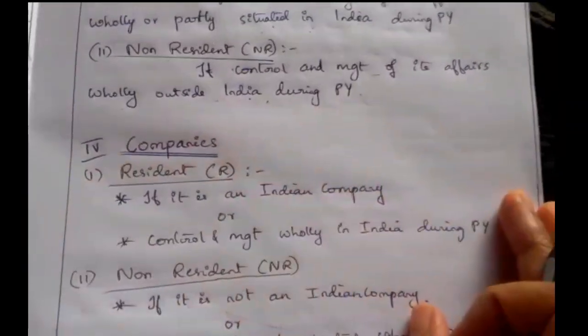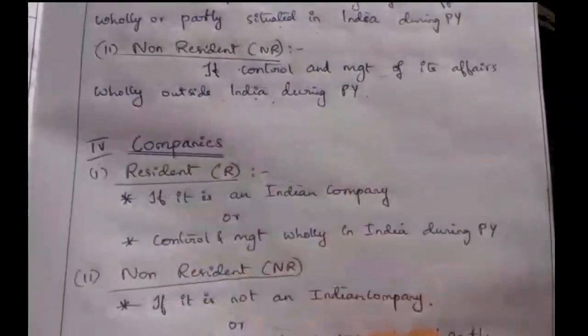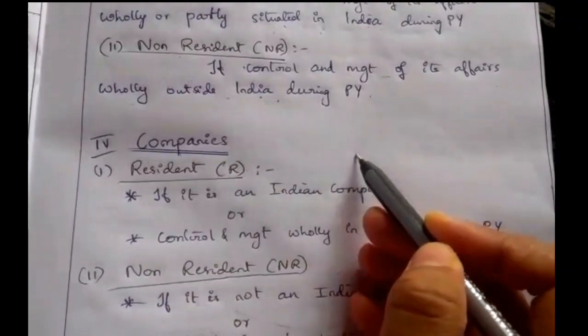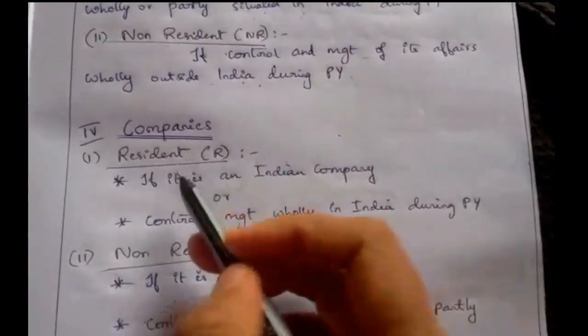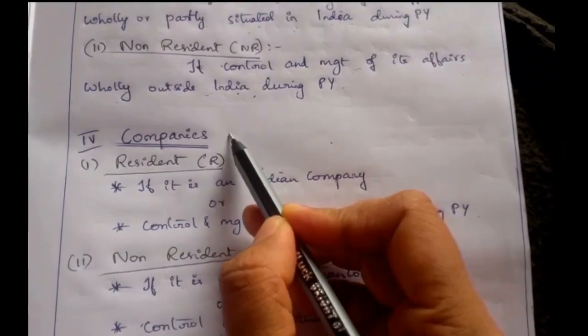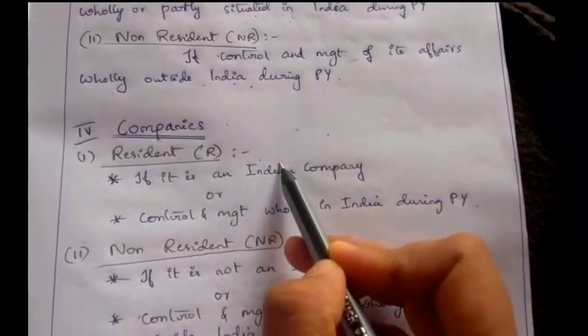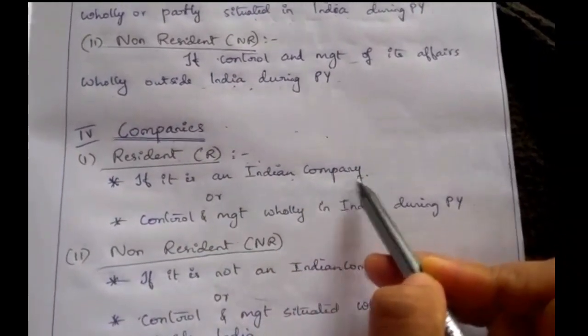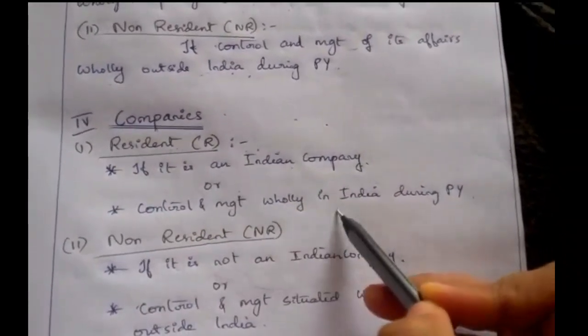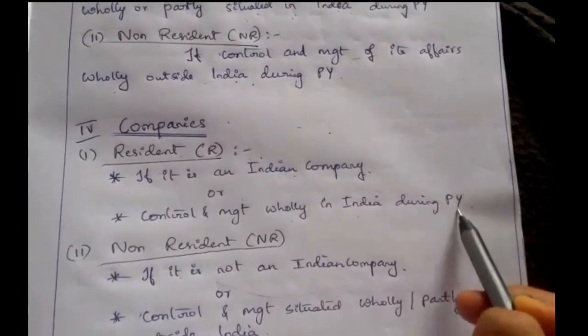Next is companies. Here the residential status is divided into two: resident and non-resident. For a company to become a resident, it must be an Indian company, or its control and management must be wholly in India during the previous year.